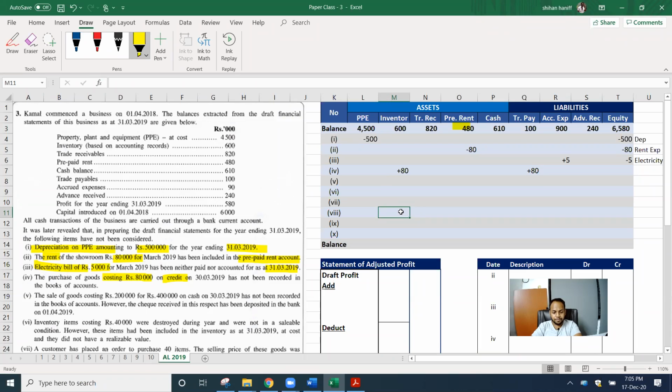Number 5. The sale of goods costing 200,000 for 400,000 in cash on 30th March 2019 has not been recorded in the books of accounts. However, the cheque received in this respect has been deposited in the bank on 1st of April 2019.